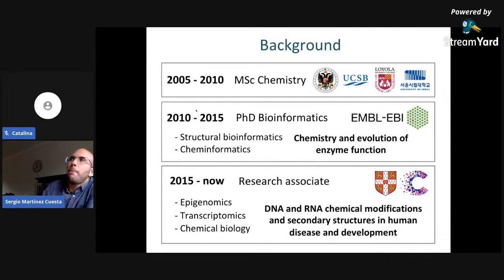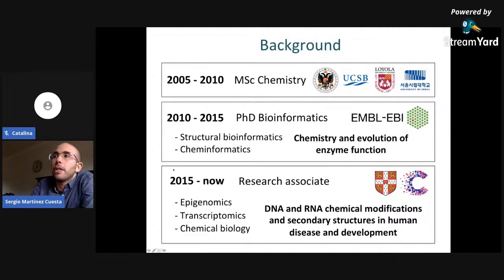Okay, so I did a master's in chemistry in South Spain. And then went to do a PhD in bioinformatics at the EBI and finished it in 2015. And there I was working mainly in developing structural bioinformatics and cheminformatics approaches to understand how enzymes evolved and how the chemistry of enzymatic reactions change during evolution.